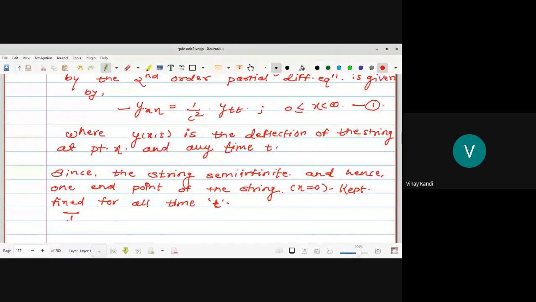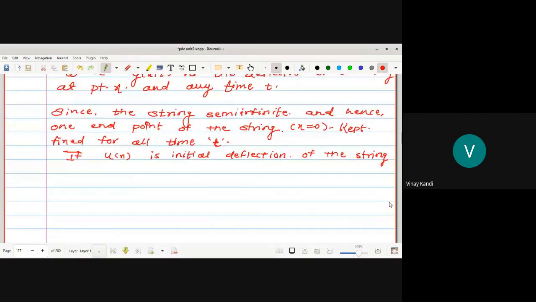Now, u of x is the initial deflection of the string, and v of x is the initial velocity of the string.